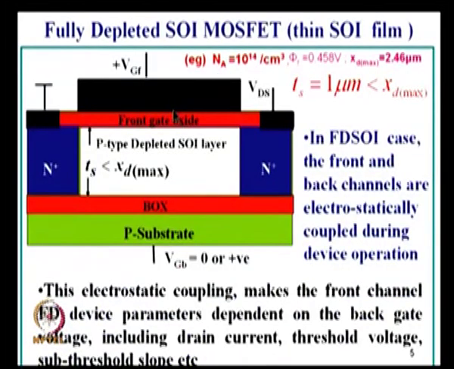Fully depleted device: all these, there is no material, material is there, but there is a depleted layer. To show that I put this diagram like this here. So, you can see here front gate and back gate.